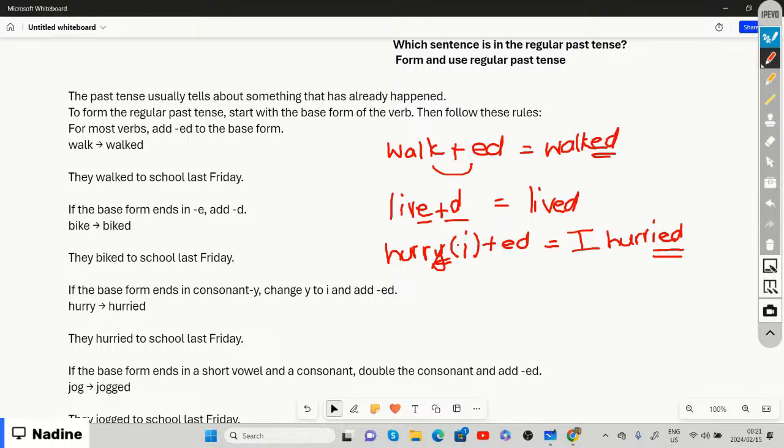And when it comes to the regular past tense, we basically just follow rules. We add ed to our verb, we add d to a verb if it ends with an e, or we add ied to our verb if it ends with a consonant y. We remove the y and we add ied to show the regular past tense.